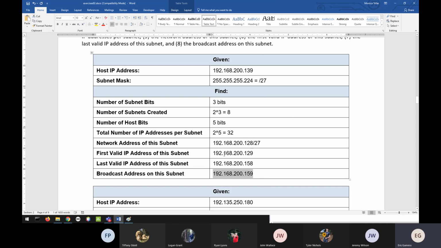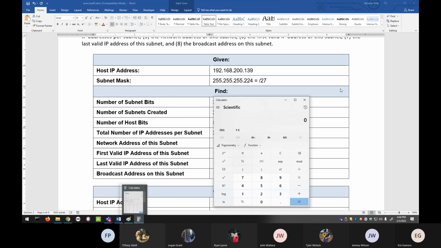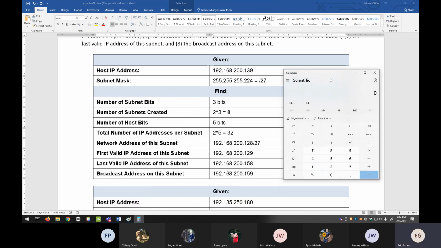By the way, if you look at the number of IP addresses between these two numbers, we have 30 IP addresses. Okay? How can I do it with a calculator to check that we have 30 IP addresses? Guide me here. I can do 158 minus 129 plus 1. So here we have 30 IP addresses.